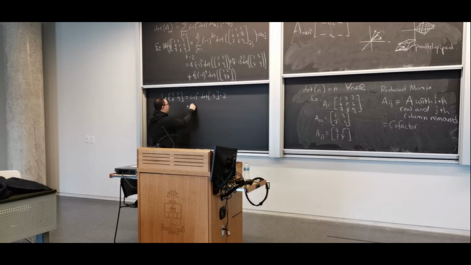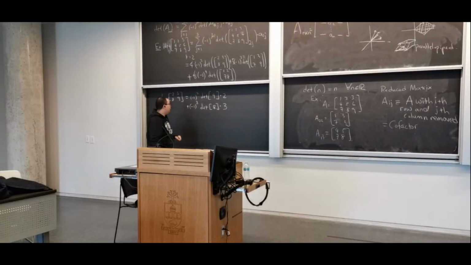So I'm left with minus 1 to the power of 3, multiplied by the determinant of removing the first row, second column, which is 8, and then multiplied by the value at 1, 2, which is 3.